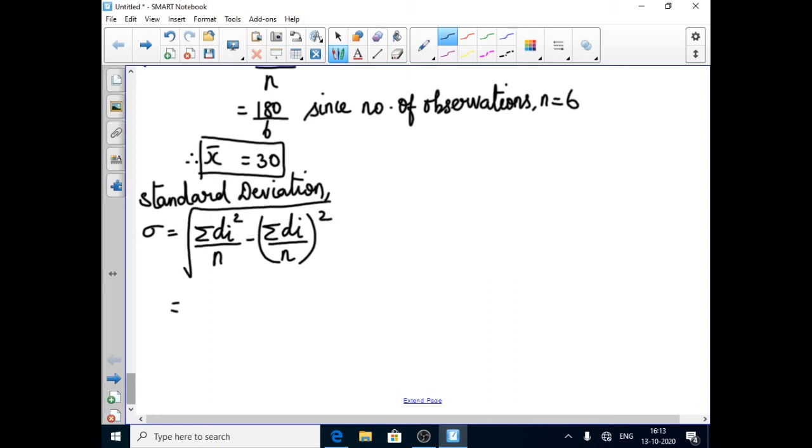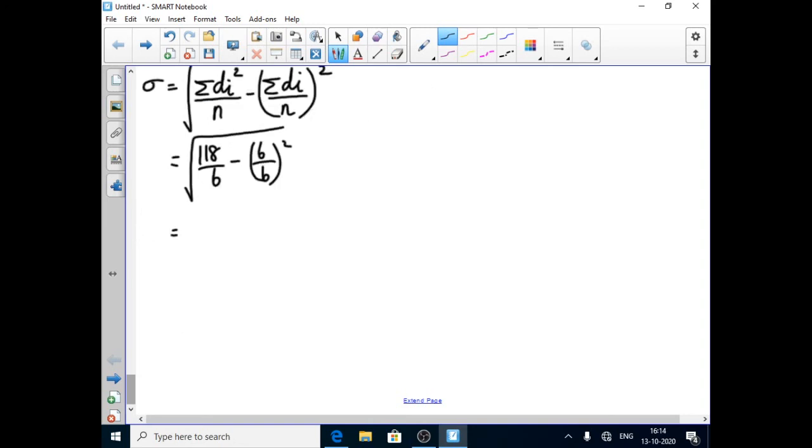So that is equal to the square root of 180 by 6 minus 6 by 6 whole squared. That is 180 by 6 minus 1. So take 6 as LCM: 180 minus 6 within square root. That is 174 by 6.